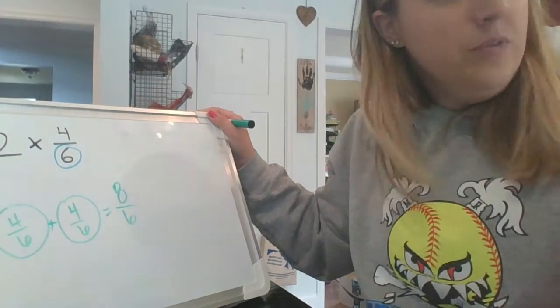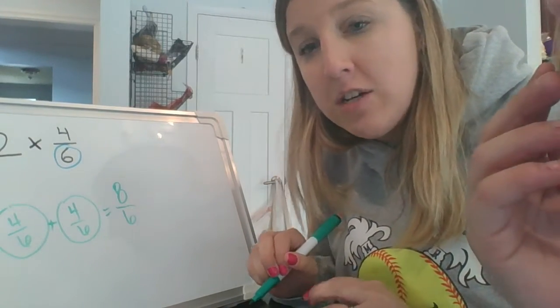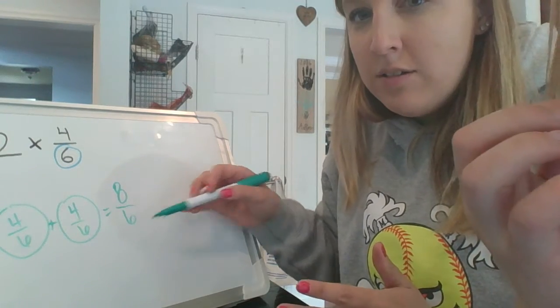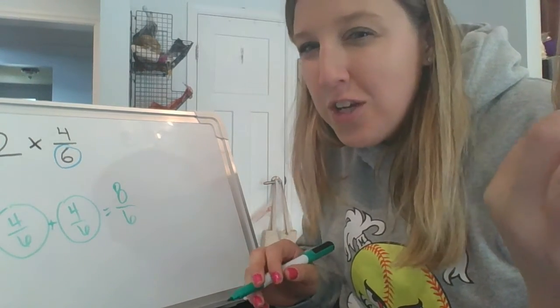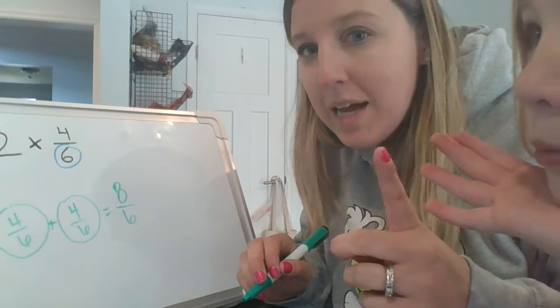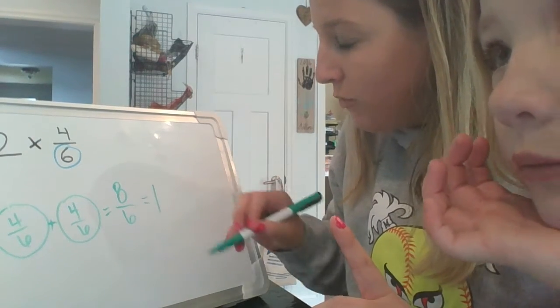So 8/6, we know we can't leave it like this because it's an improper fraction. So what we're going to do is, how many times can 6 go into 8? 6 can only go into 8 one time. So it can go in one full time.